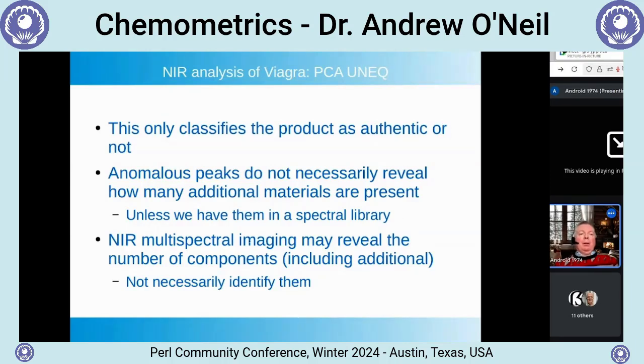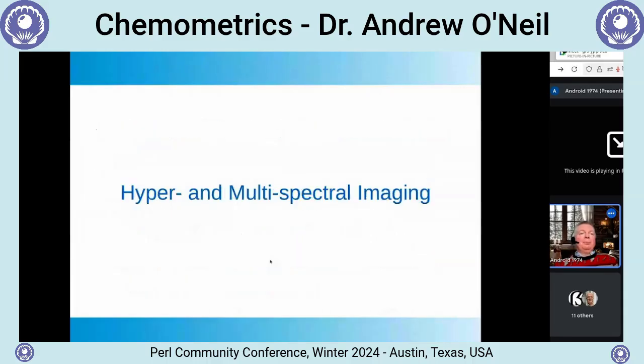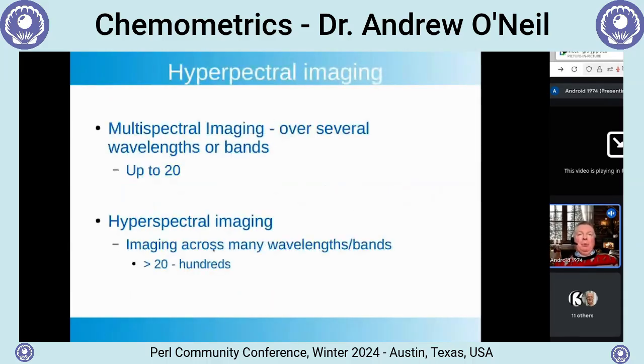But this is where spectral imaging comes in, and it's quite handy, because by giving us spatial information, there's the potential to actually determine the number of additional components. So, hyper and multispectral imaging. The difference between these two names is that multispectral really covers a lower number of wavelengths or wave bands, say up to 20, whereas with hyperspectral imaging you'd be looking at over 20 wavelengths being imaged, up to several hundred.